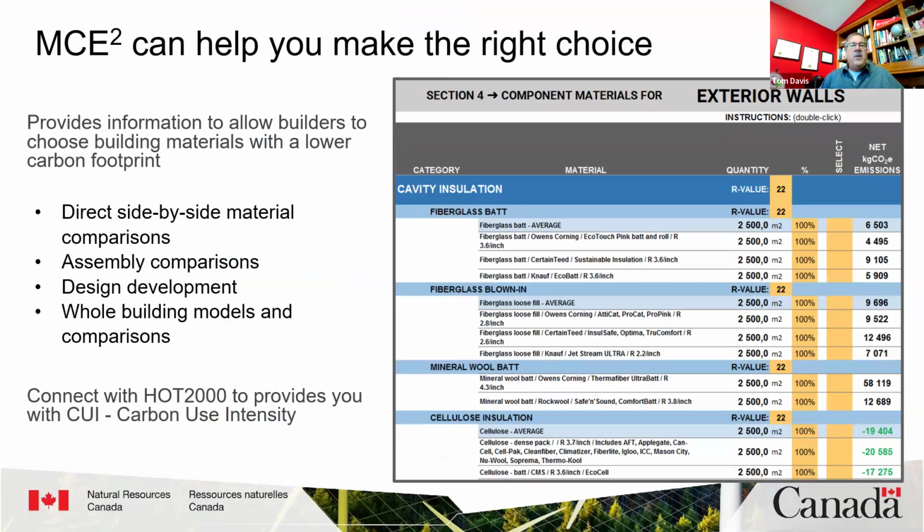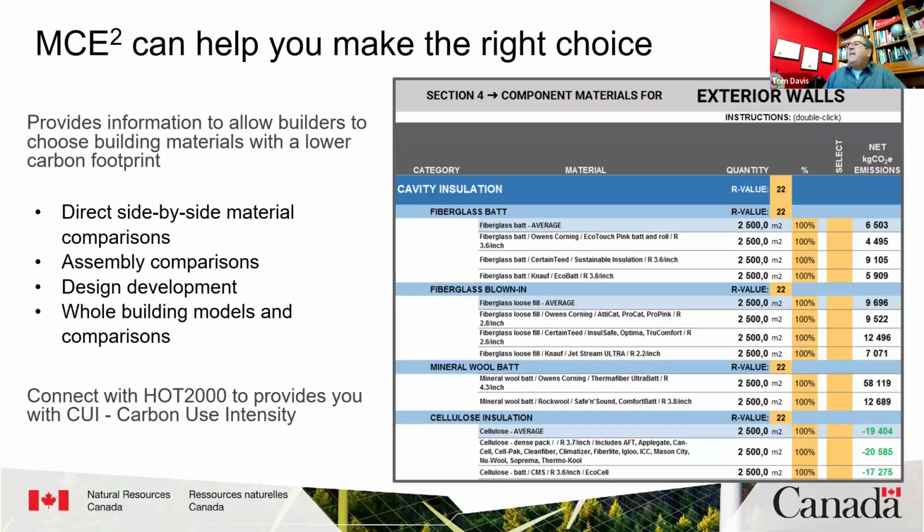Okay, so as we explore the MCE tool today, you'll see that it can be used in many different ways. MCE Squared provides comparative insights between material types and product choices that serve the same function. For example, cavity insulation as shown in the snapshot. That can make the difference between a high embodied carbon and a low embodied carbon home.